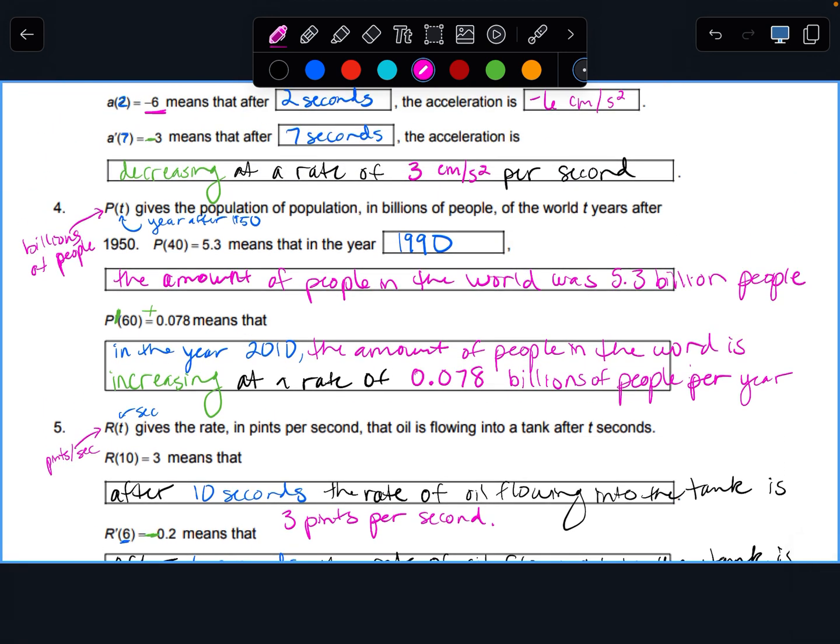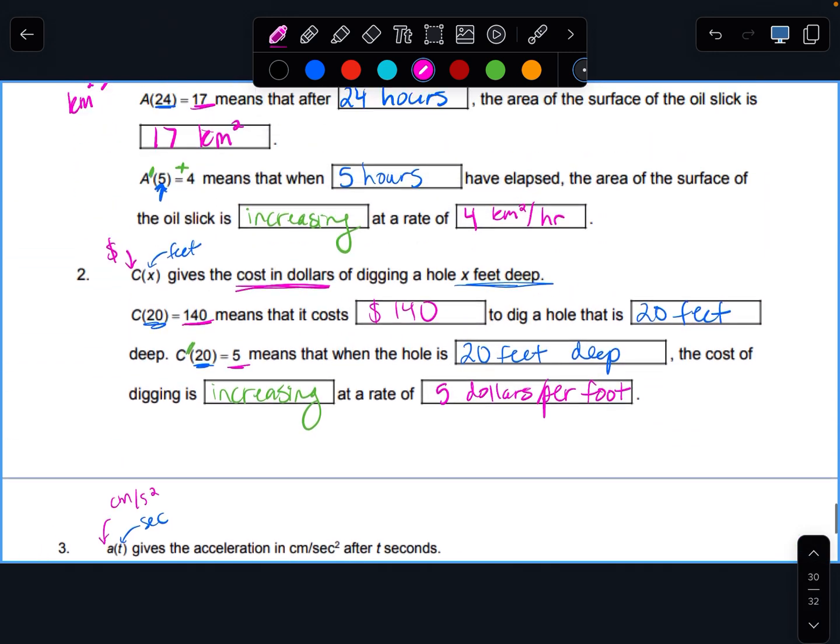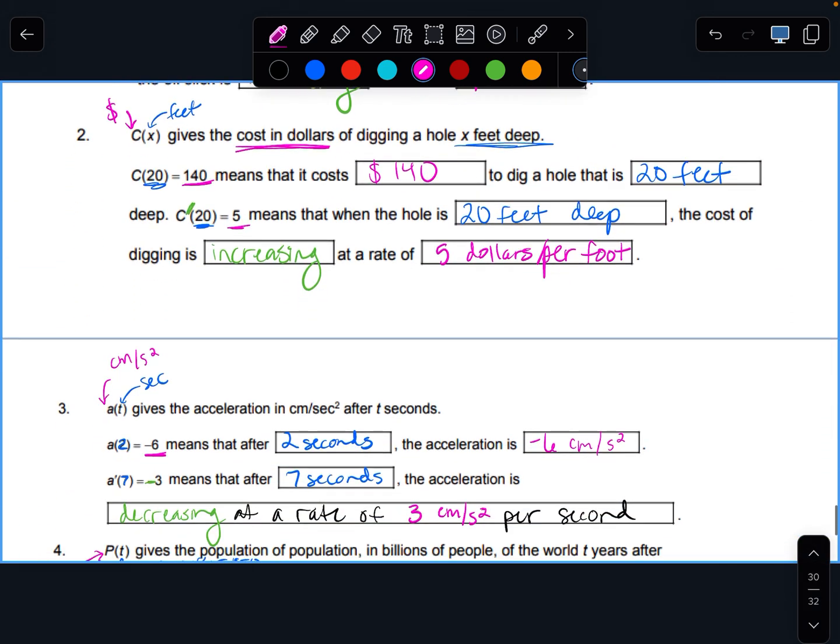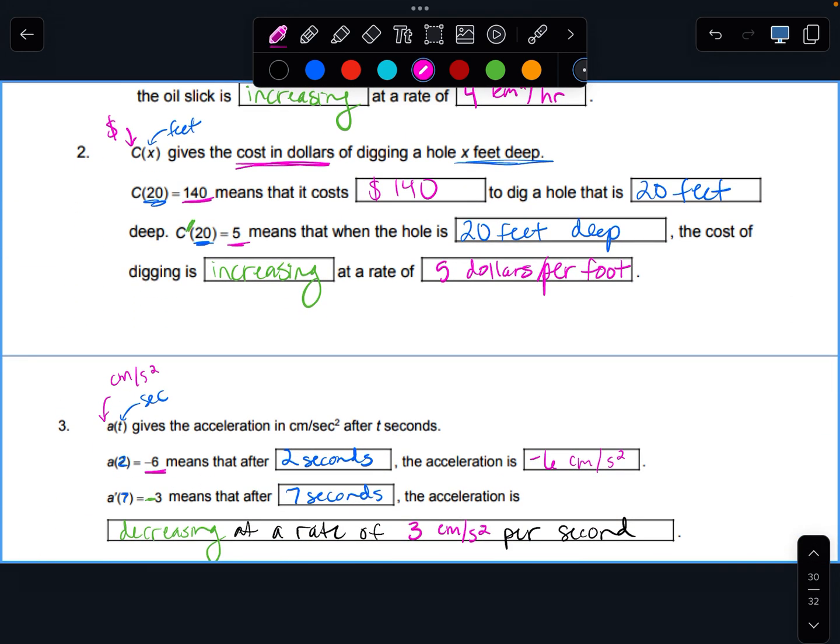You guys are faster at writing. I also had to do all the colors. Okay.